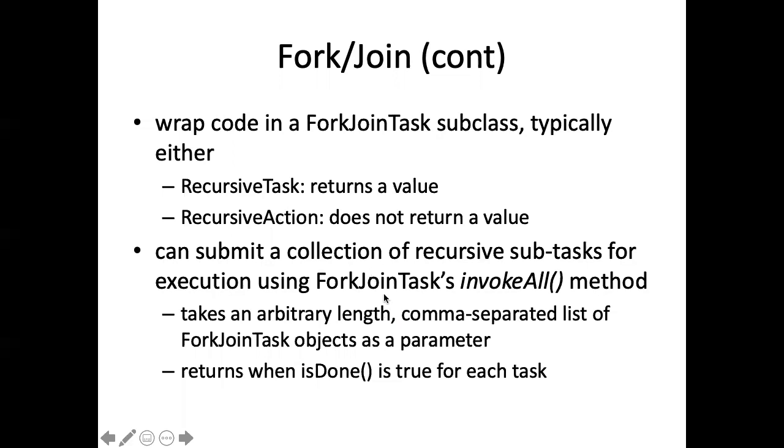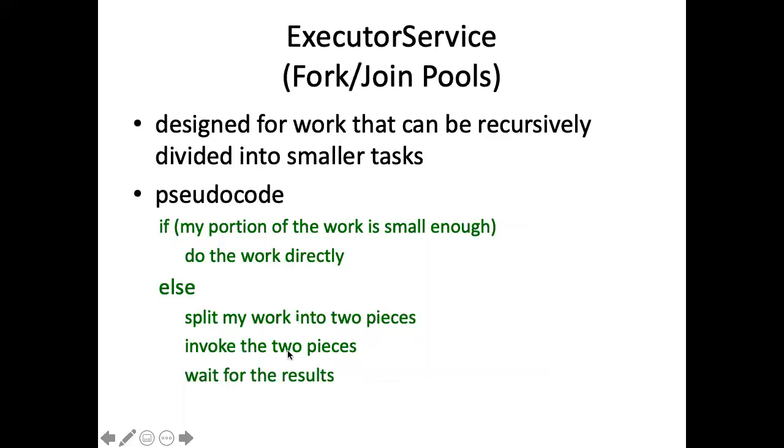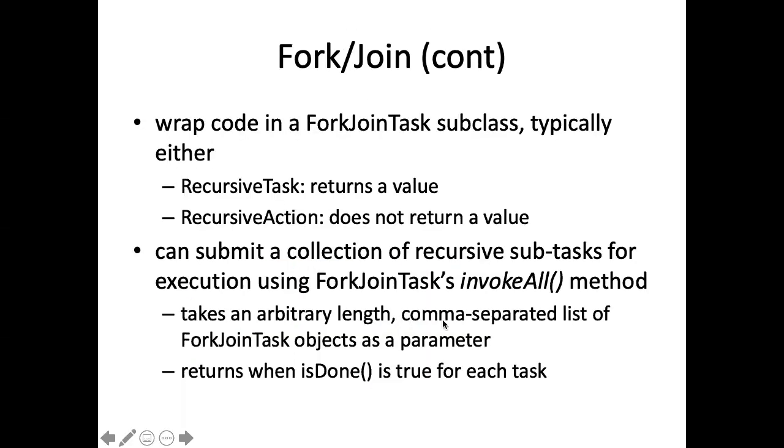You don't have to divide it into two pieces. You can actually divide it into as many pieces as you want. And invokeAll takes an arbitrary length comma separated list of objects as parameters. And for each task, it returns when that task is done.